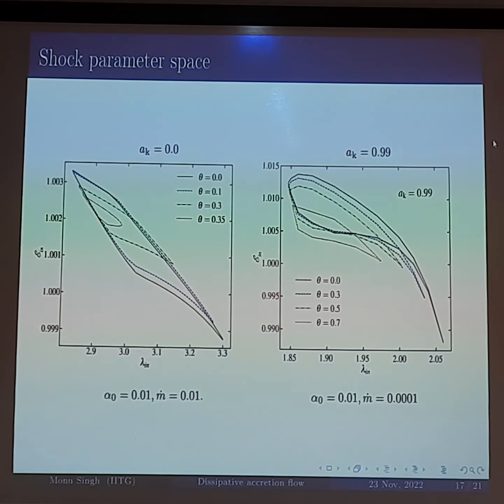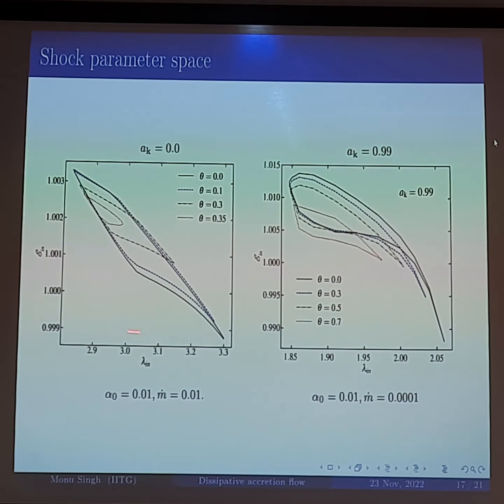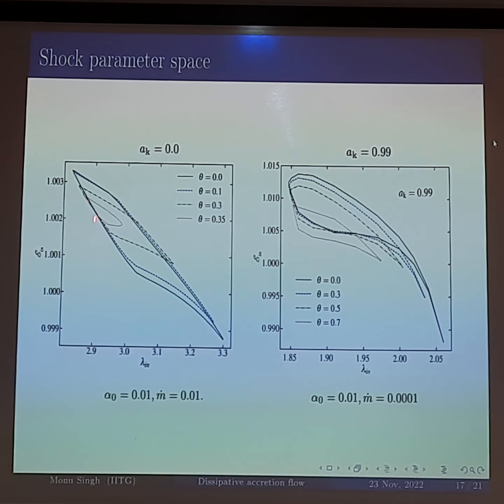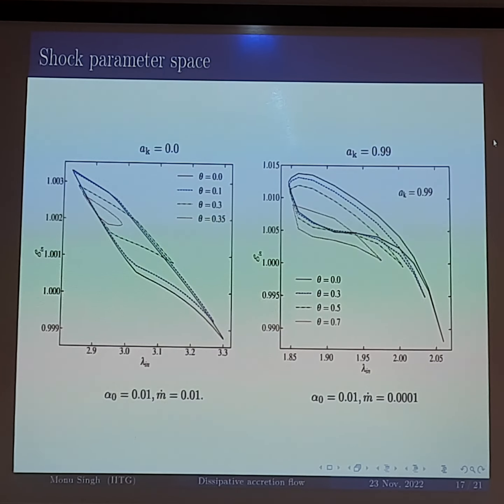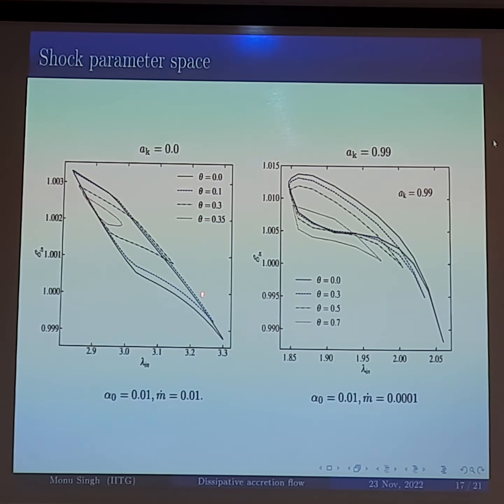So to be sure that there is a shock, we plot a region which we call a shock parameter space. If we choose values in this region, we will definitely have a shock. As we increase theta, we are increasing the dissipation, and the system gets more and more damped.